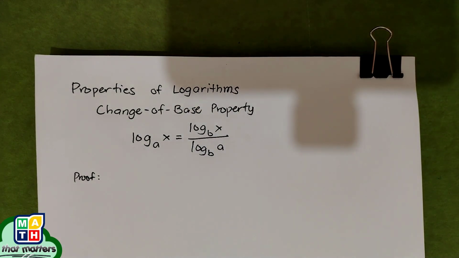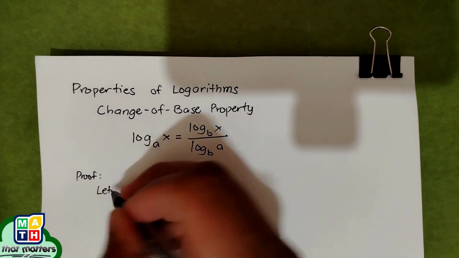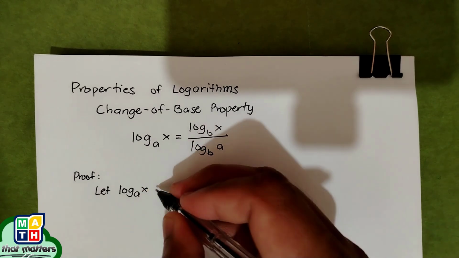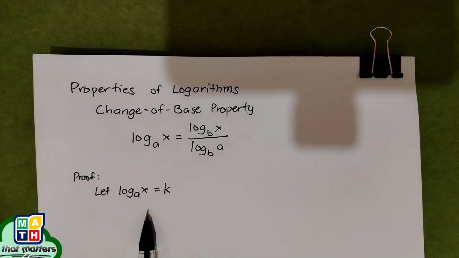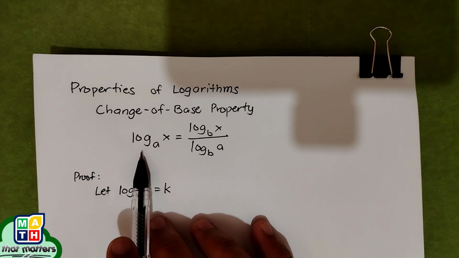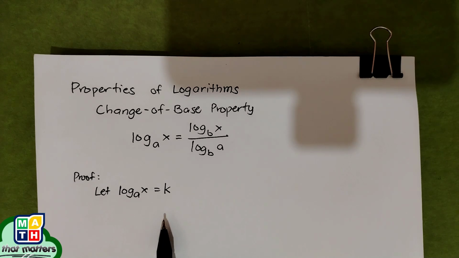What we need to do here is to give another representation for this entire form. So let the logarithm of x to the base a be equal to k. Once we have that, we are going to manipulate this in such a way that from the same left-hand side, we reach this form using the entry k.